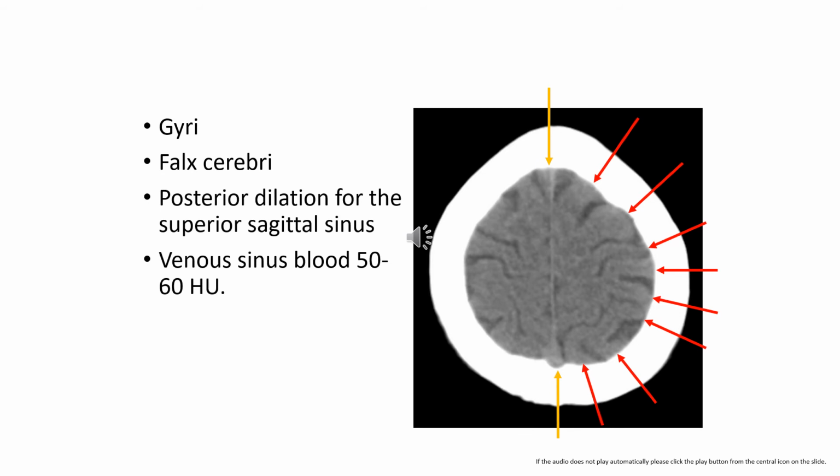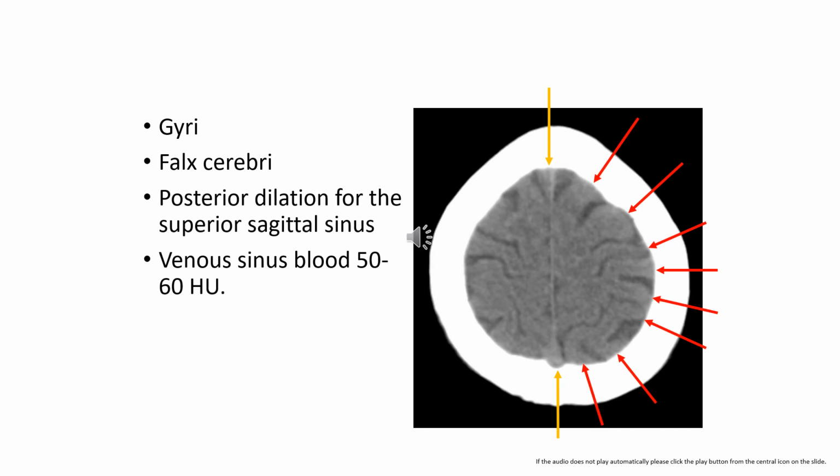On this slide of the unenhanced CT, we have descended further into the parieto-frontal region. You can see the gyral structure again. If you click once, you'll see multiple red arrows showing the multiple gyri within the left cerebrum.